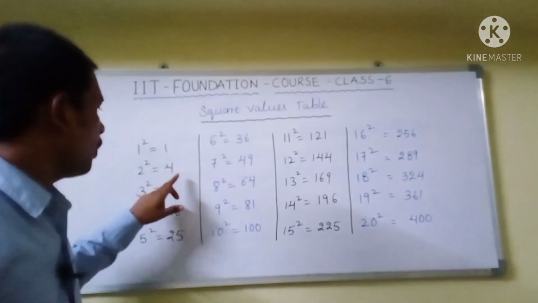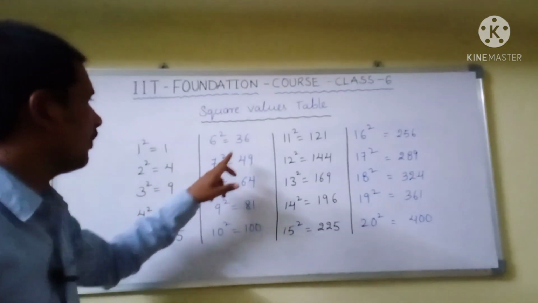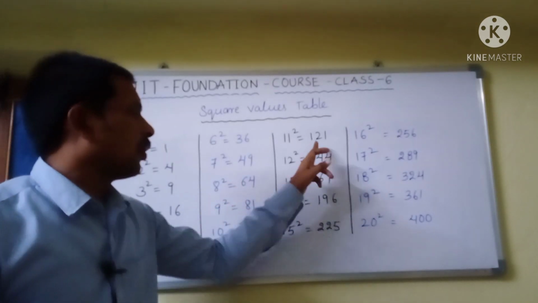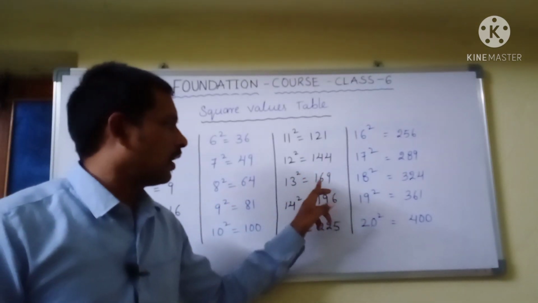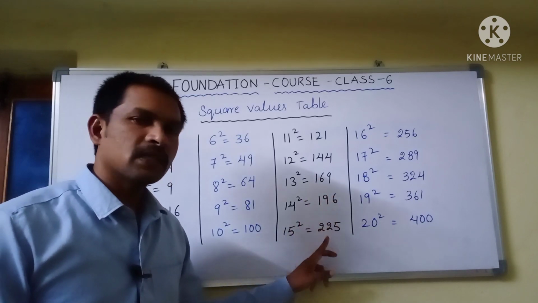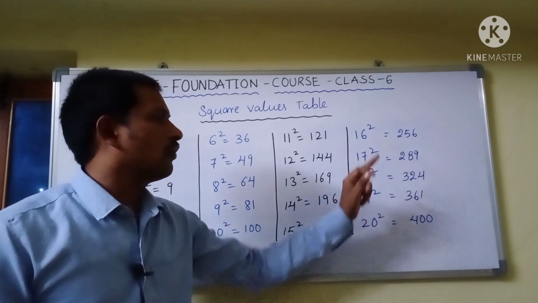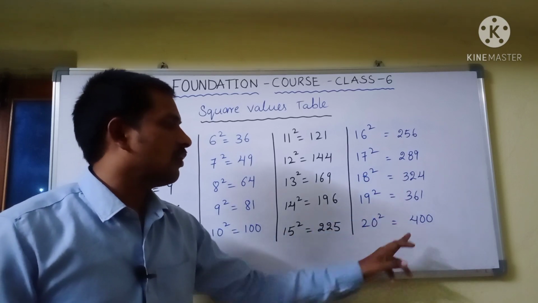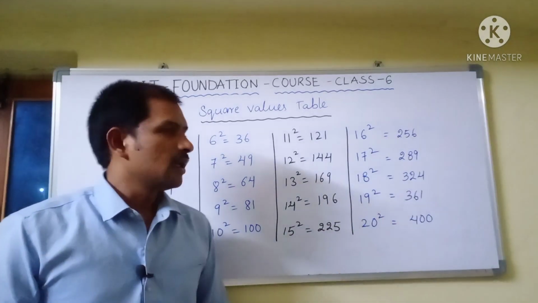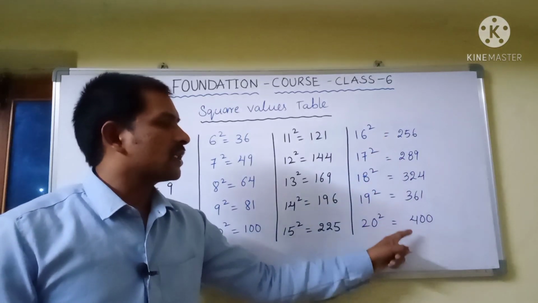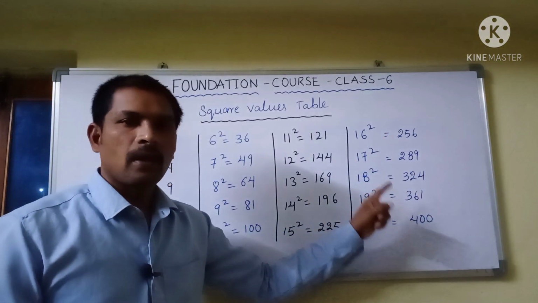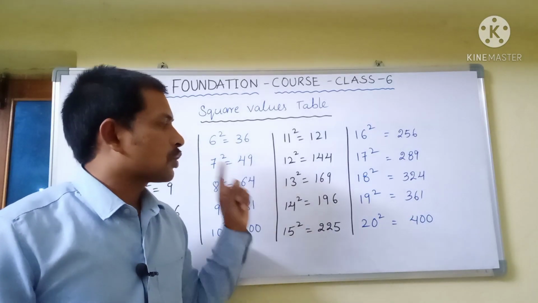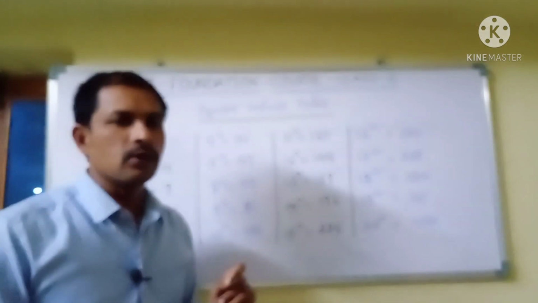So 1, 4, 9, 16, 25, 36, 49, 64, 81, 100, 121, 144, 169, 196, 225, 256, 289, 324, 361 and 400 are the perfect square numbers. We should remember the square values up to 20.